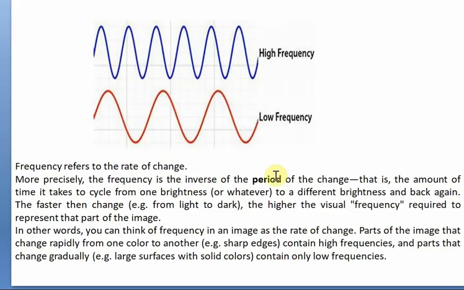Now, coming to the word filtering: you know what a filter is. A filter removes the unwanted frequency components and allows only the desired frequency components. Here also we are using that word, spatial filtering, and the intention is the same.